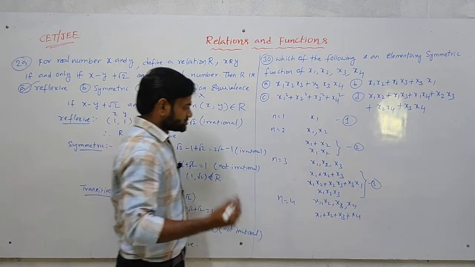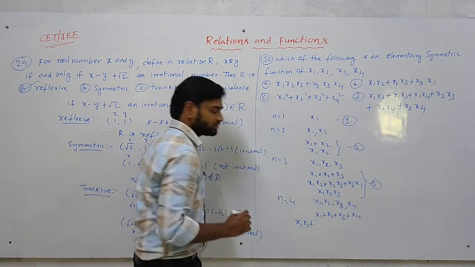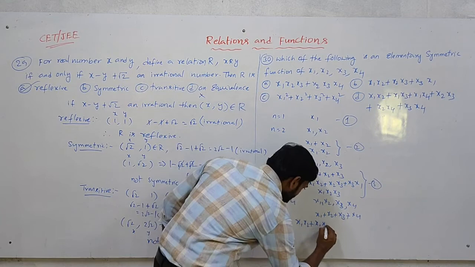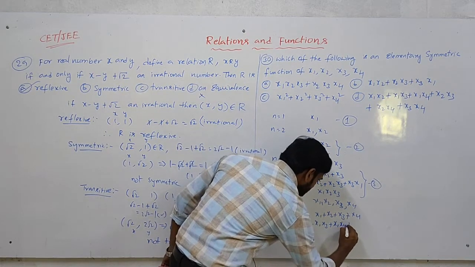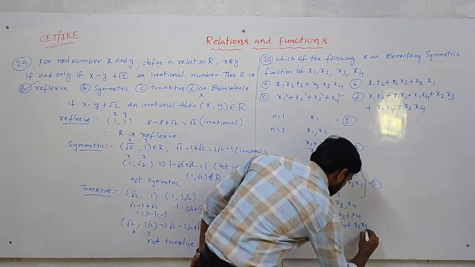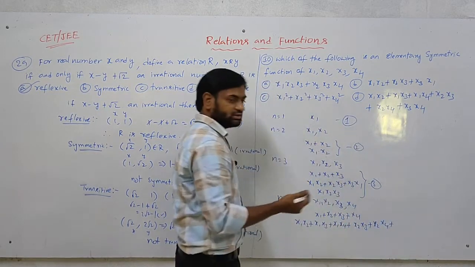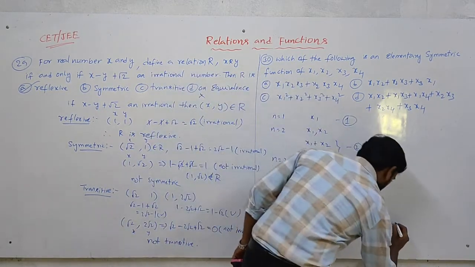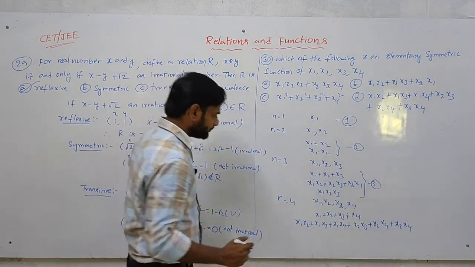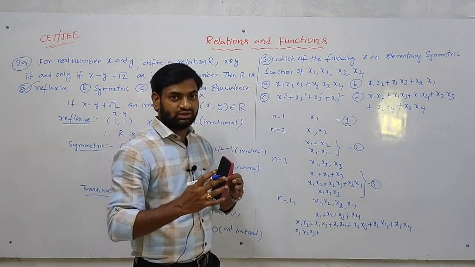Clear? Next, take 2: x1 x2. Next, with 1 I am starting: x1 x3 plus x1 x4. With 1 complete. With 2: x2 x3 plus x2 x4. With 2 complete. Next with 3: x3 x4. Next, take 3: x1 x2 x3, that means I am missing x4.